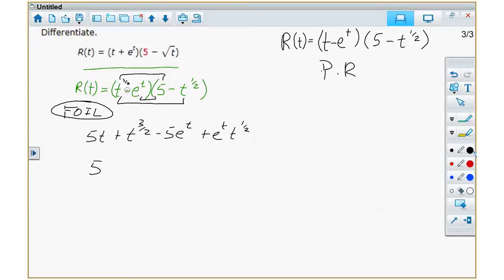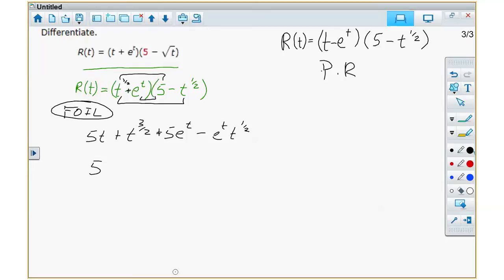I'm sorry, I just messed my problem up. So that would be positive 5. Is that the only mess up? No, this would be negative, right? Thank you, Ms. Bowers. There, how's that? Is that better?